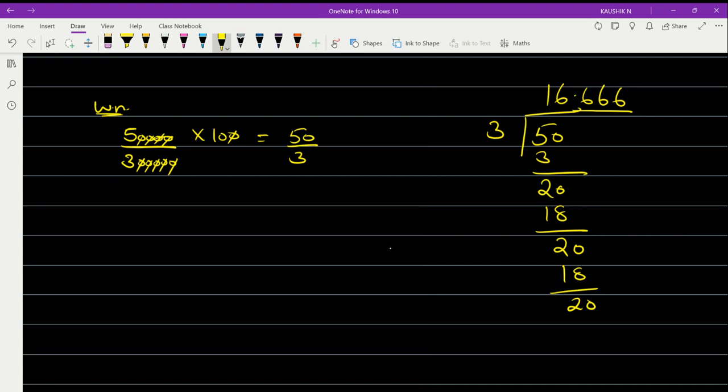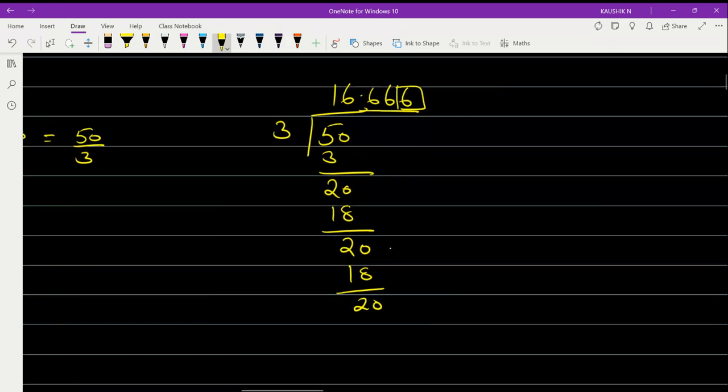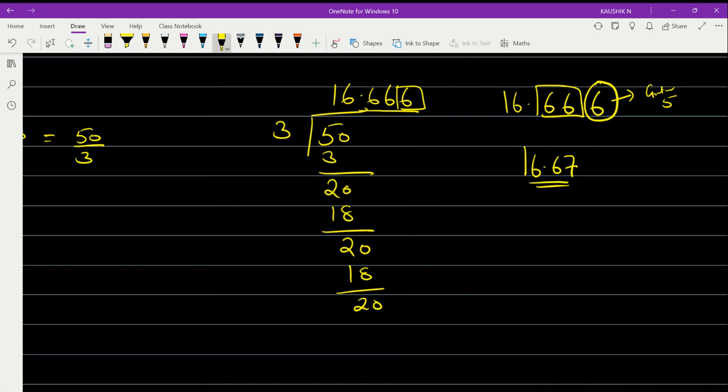Now, after stopping at the third decimal point, check whether the third value is 5 or greater than 5. If it is either 5 or greater than 5, you can round up the value. Here I got 16.666. Since this particular value is greater than 5, I can round up this 0.66 as 16.67. Are you able to follow?